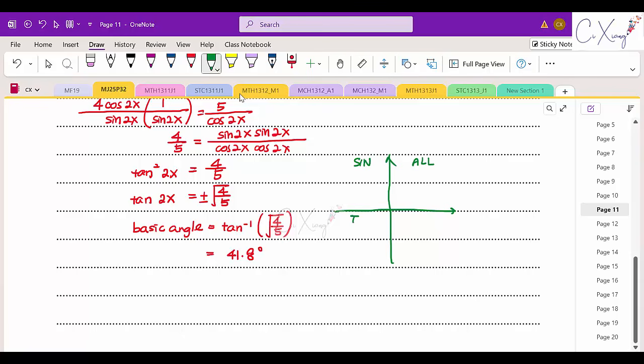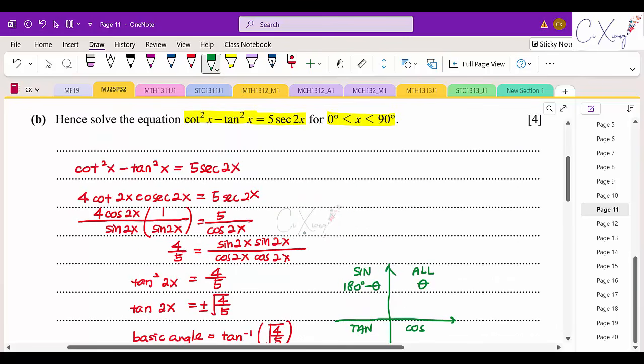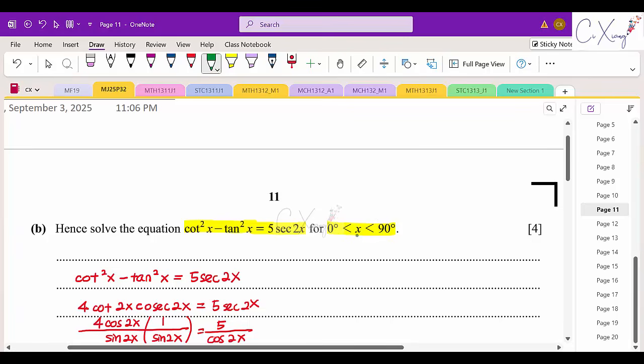Okay, this is the diagram that I'm using all the while. I'm having theta, 180 minus theta, 180 plus theta, then 360 minus theta. Okay, then let's go back to our question just now. They are saying that x is between 0 to 90.